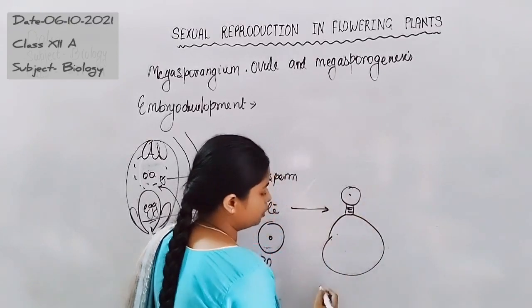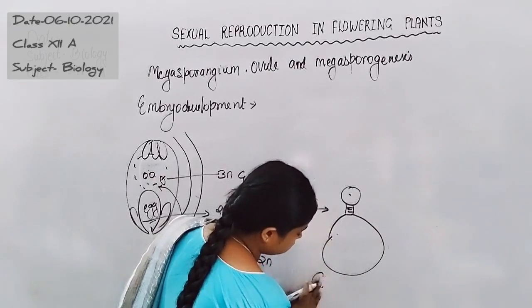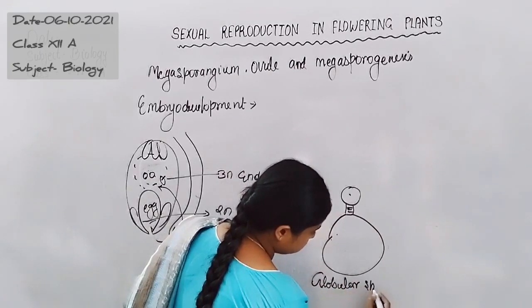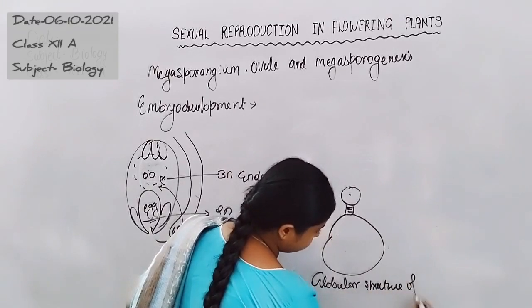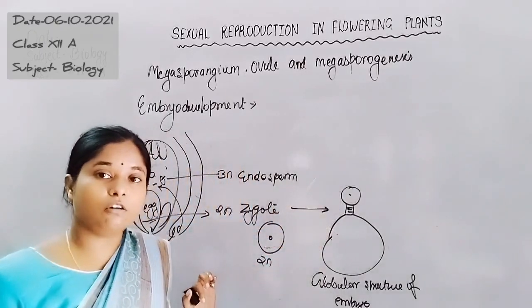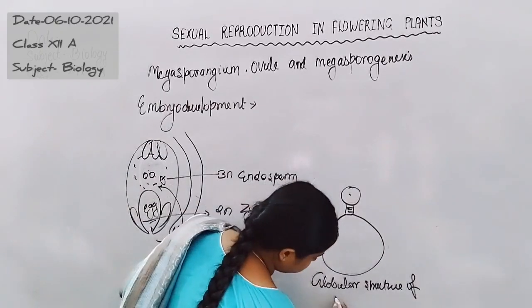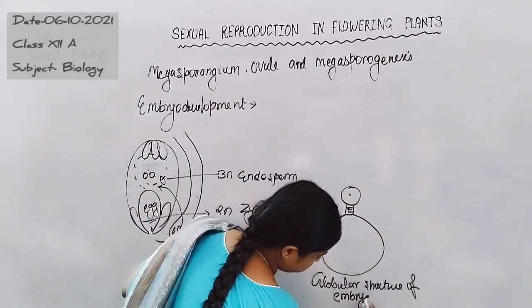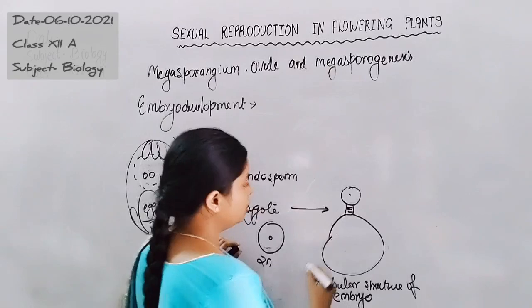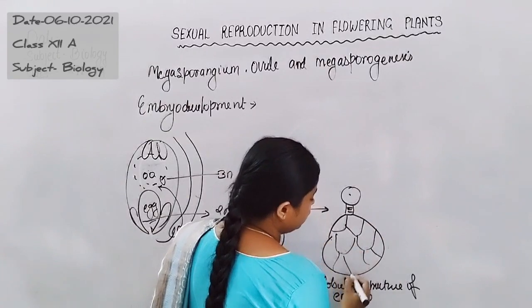This structure of the embryo is known as the globular embryo. Now the globular embryo again undergoes differentiation to form a heart-shaped embryo.